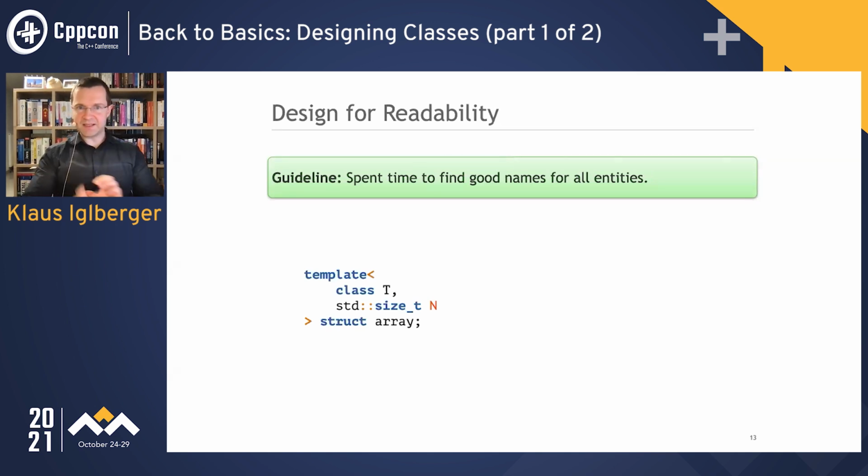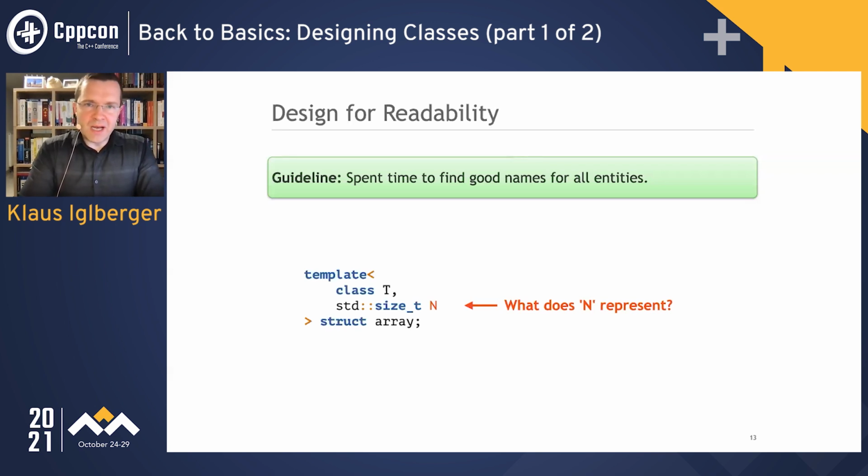So spend time to find good names for all entities. Of course, there are a couple of examples in the standard library, like array. This is how it is documented at CppReference. Now, you know array for sure. Of course, you know what n means, but for somebody who is new to the language, is it immediately clear what this n represents?